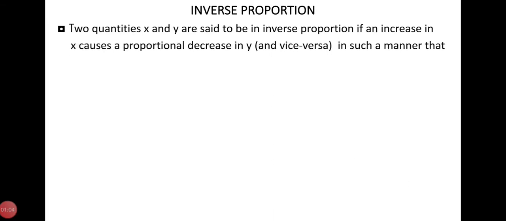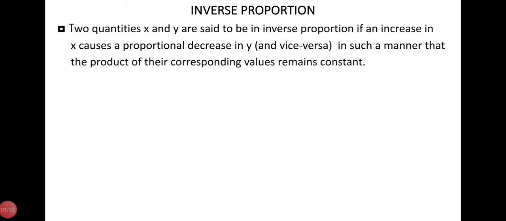So two quantities x and y are said to be in inverse proportion if an increase in x causes a proportional decrease in y and vice versa, in such a manner that the product of their corresponding values remains constant. Means if there is an increase in x, there will be a proportional decrease in y, or if there is an increase in y, there will be a proportional decrease in x.